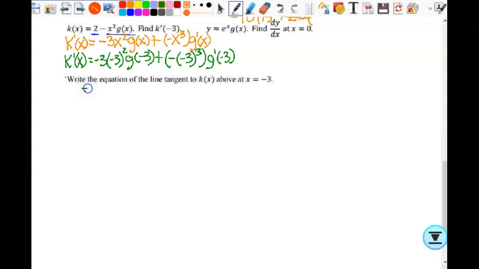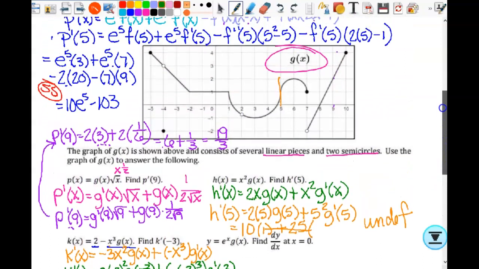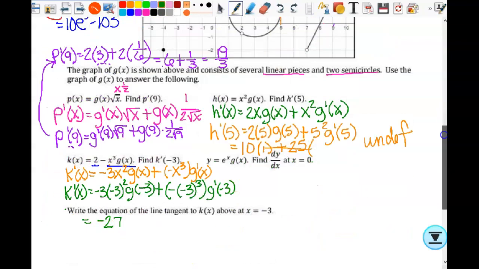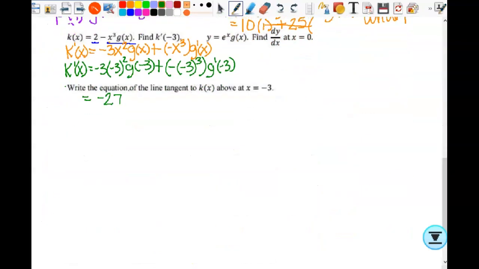So this is equal to, what's negative 3 squared? Positive 9 times negative 3 is negative 27. Okay, so then g of negative 3. G of negative 3 is 2 times 2 plus what?